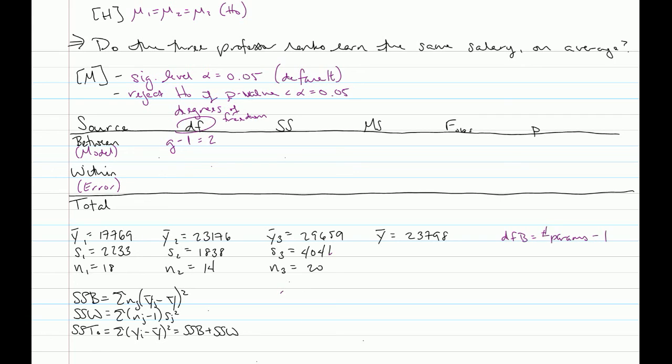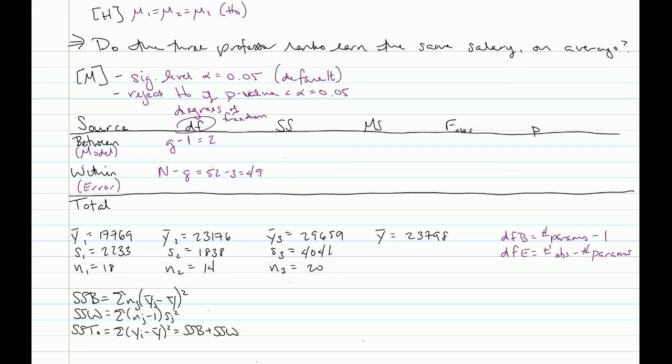So this is going to be N minus G. Degrees of freedom for error is always the number of observations minus the number of parameters. Always, always, always. And we're going to see this again. In our sample, N was 52 and G is 3, so this is going to be 52 minus 3, or 49.